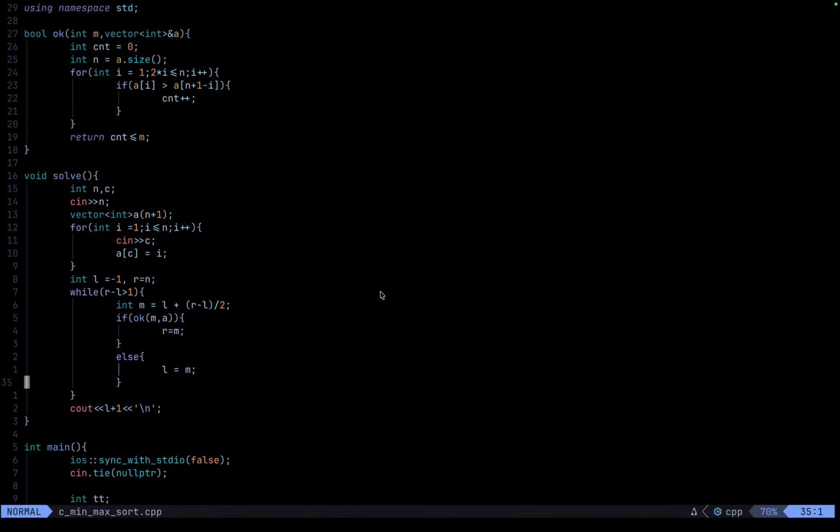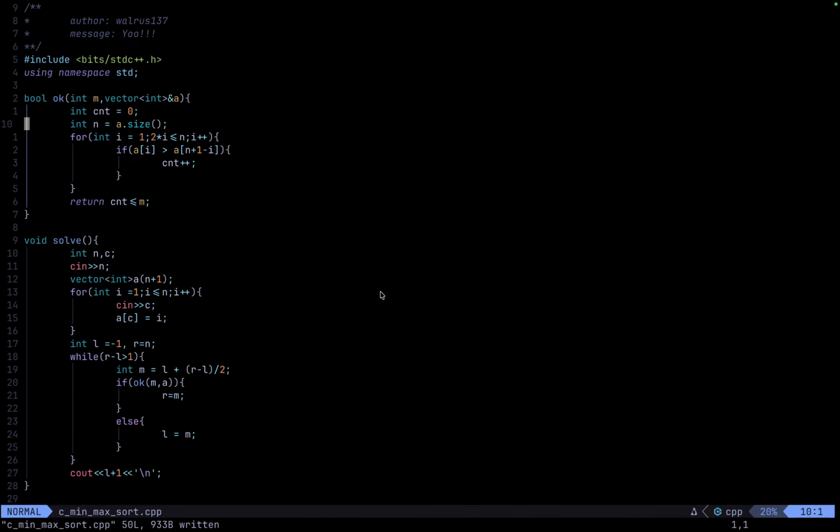Okay, and here we are getting out of bound, which does not make sense. Why are we getting out of bound because of this? N equals a dot size. Yes, we are getting out of bound because of this. N equals a dot size minus 1, or till 1.